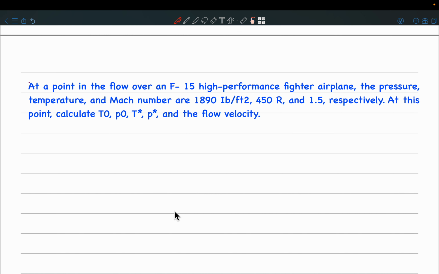How will you approach? So the Mach number is given to you, 1.5. So what is given? The pressure and temperature that is given, it is what? Static or stagnation? Read the question carefully and tell me.